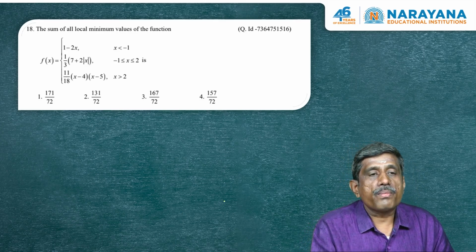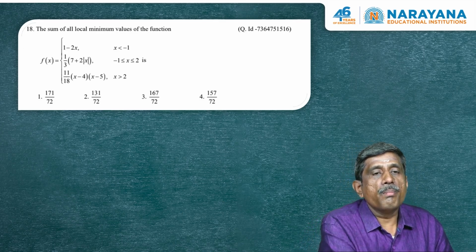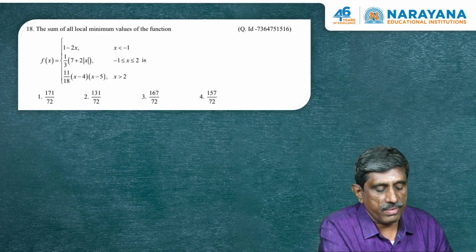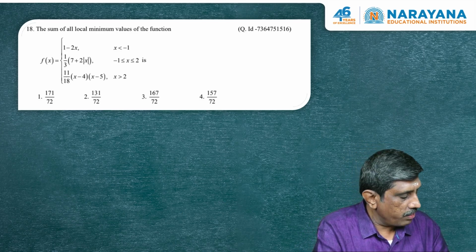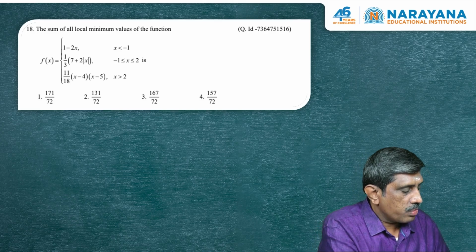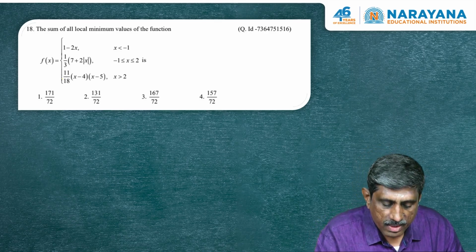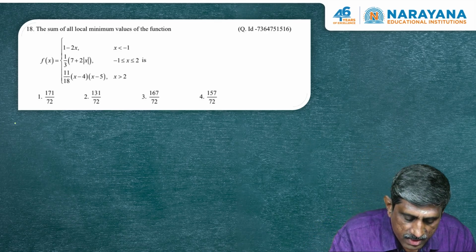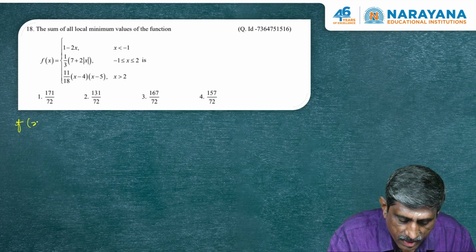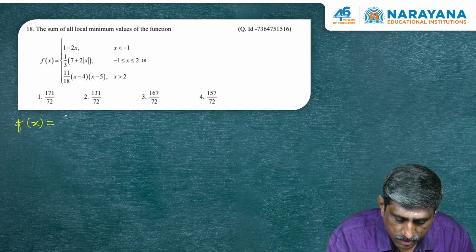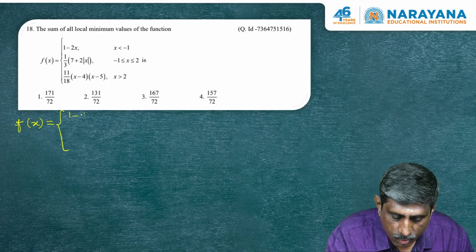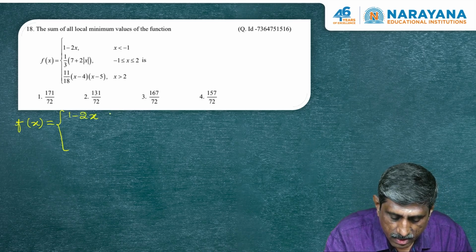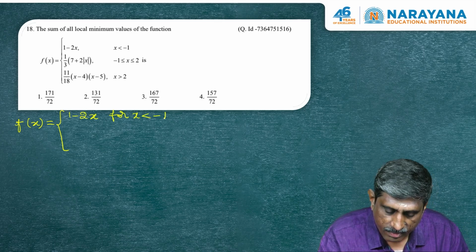The sum of all local minimum values of the given function. So, when we see the given function here, let us rewrite the given function. So, f of x is equal to, let us write like this, 1 minus 2x directly for x less than minus 1.